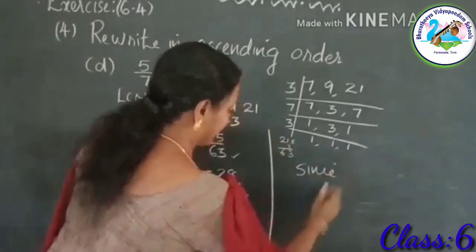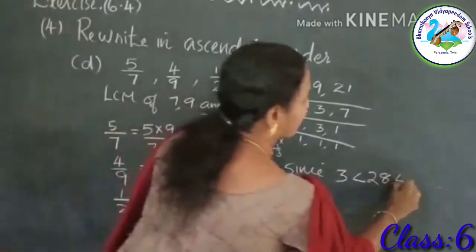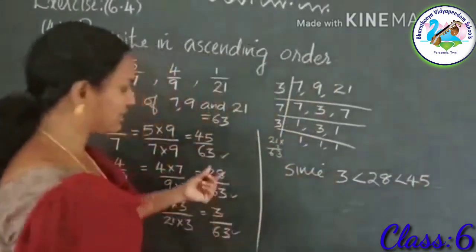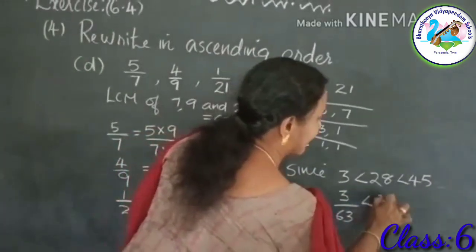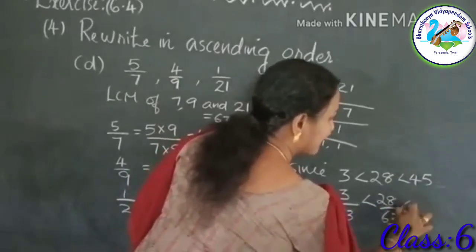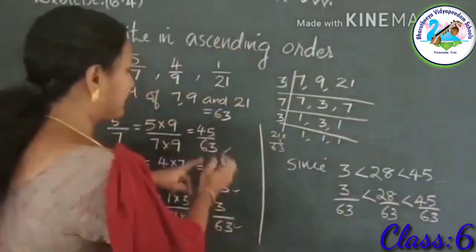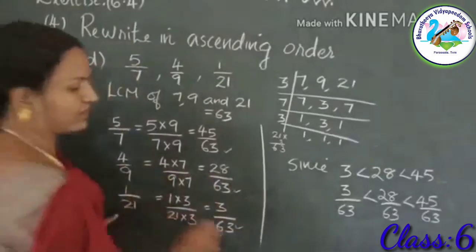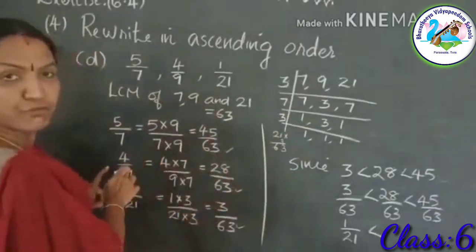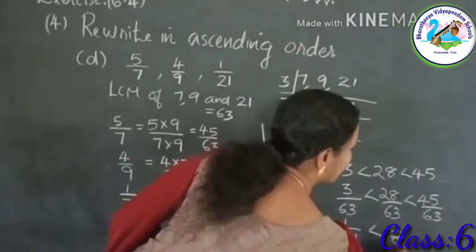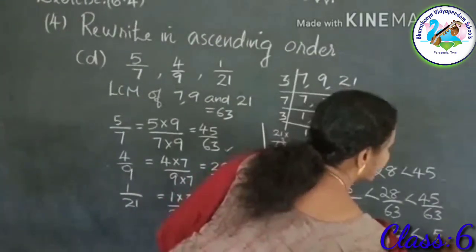Since 3 is less than 28, less than 45, 3 by 63 is less than 28 by 63, is less than 45 by 63. 3 by 63 is the same as 1 by 21, 28 by 63 is 4 by 9, and 45 by 63 is 5 by 7.